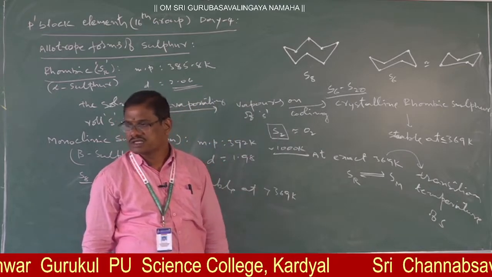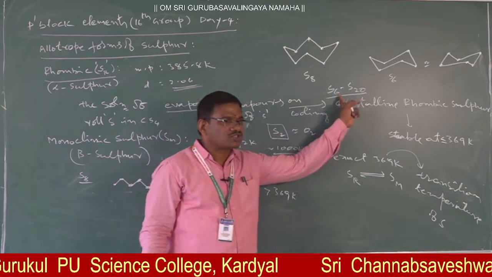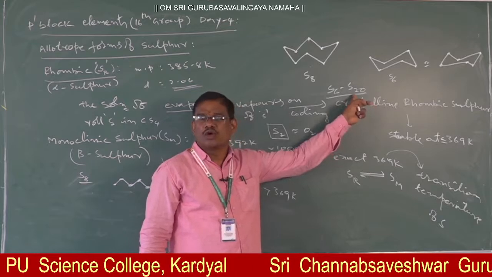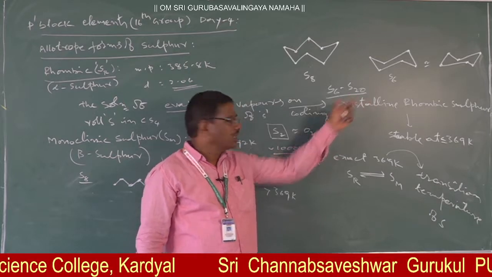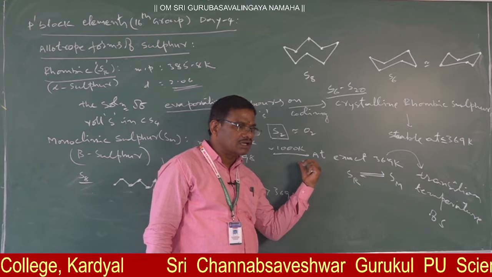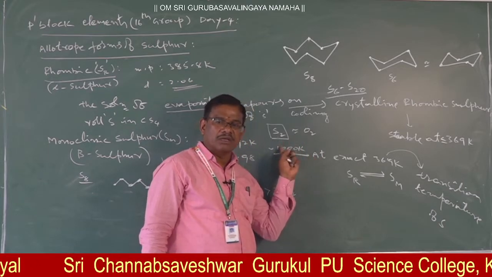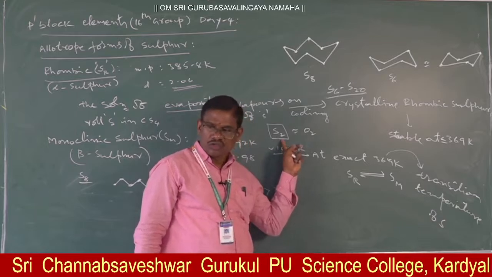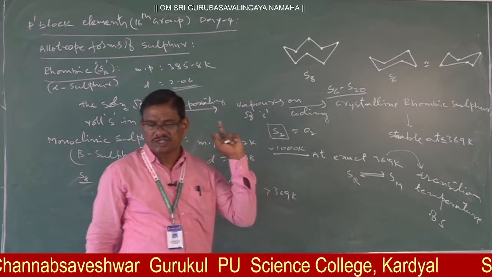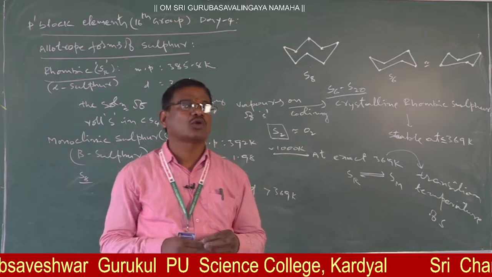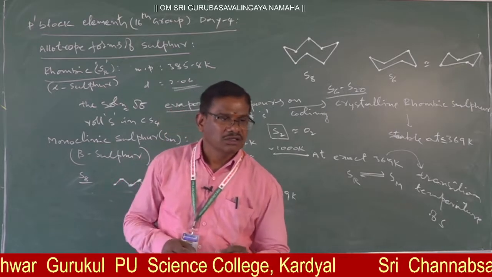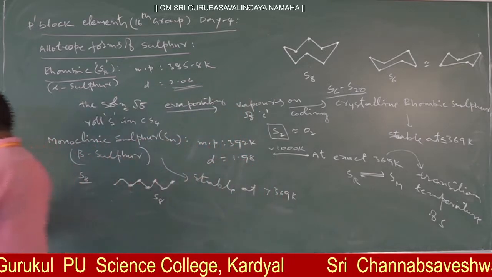That will be there in your NCERT. And on heating these S6 to S20 allotropes to about 1000 Kelvin, different intermediate forms are going to form. Among them, the main important intermediate form is S2, which is paramagnetic in nature. Clear? So these are the allotrope forms of sulfur. Next, compounds of sulfur.